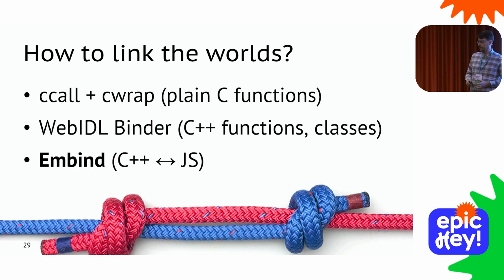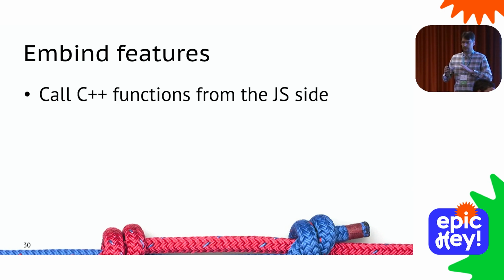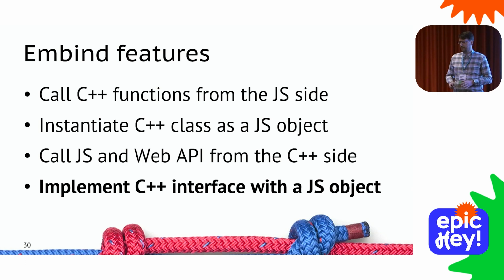It uses C++ templates, so we could reuse all our development pipeline, our IDE, and it has better interoperability between JavaScript and C++. It has many features. It can do many things, and the main thing we need is to implement a C++ interface using a JavaScript object.